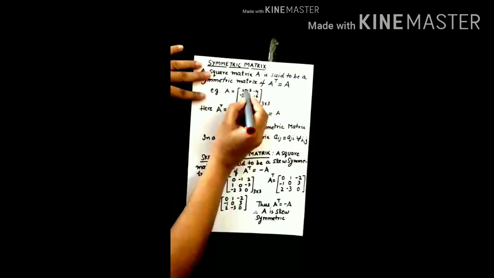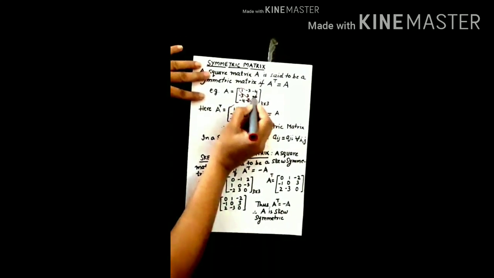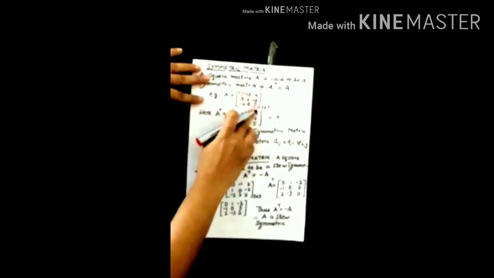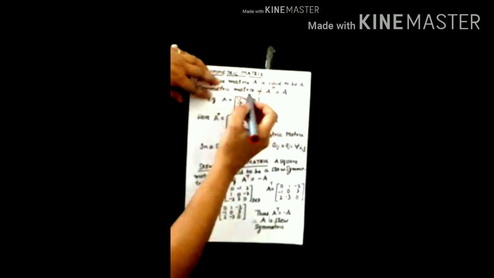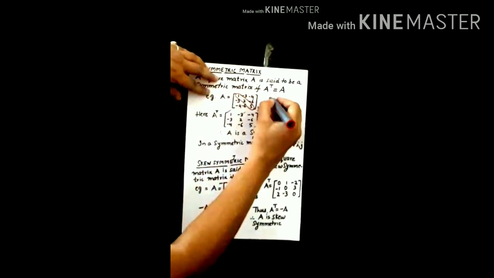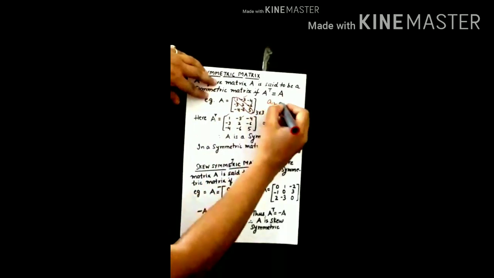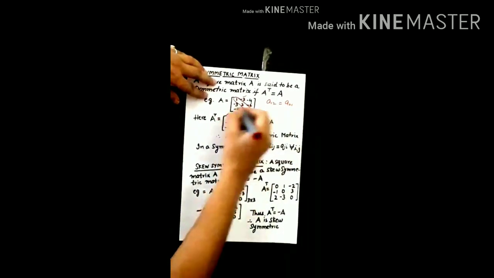Now in this matrix, 1, 2, 5, these are the diagonal elements. Now this element A12 is the same as A21.